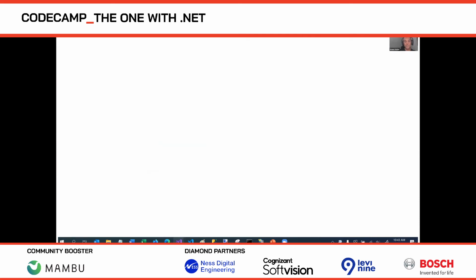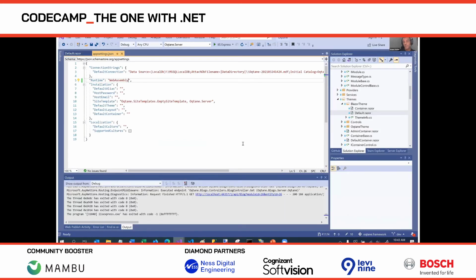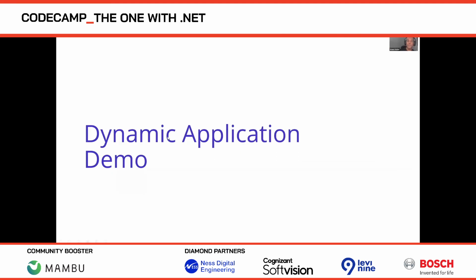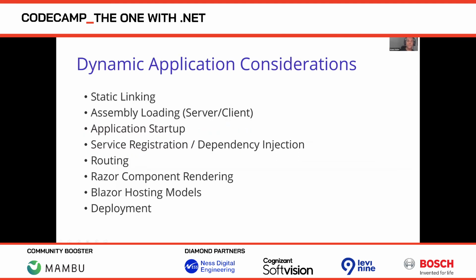So very powerful capability. And so with that, I'm going to go back to my slides, and I see that I'm running short on time. But we can talk a little bit about some of the considerations when it comes to building static or dynamic applications. So talk a little bit about static linking, assembly loading, application startup.